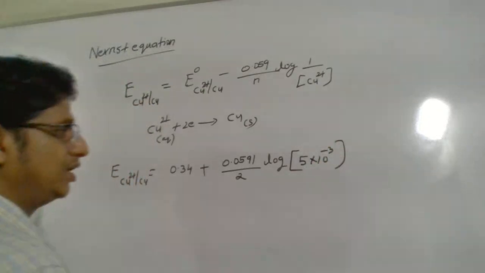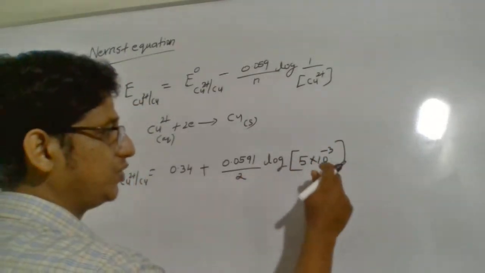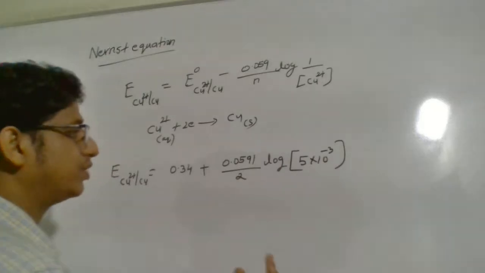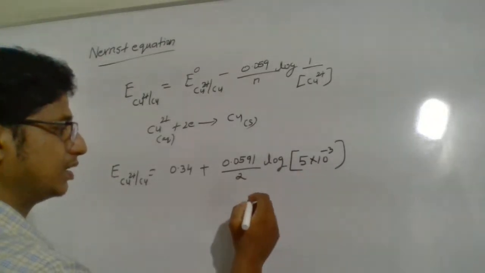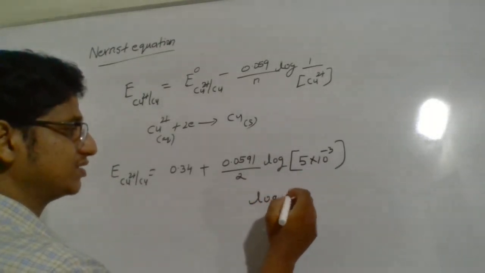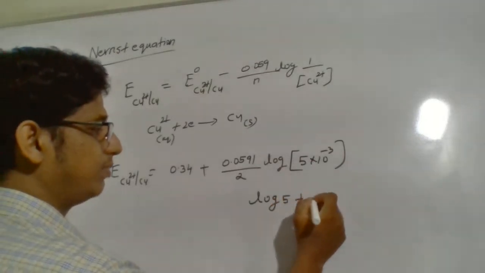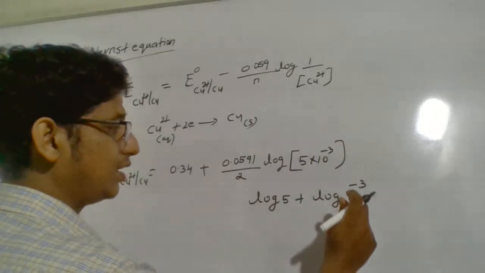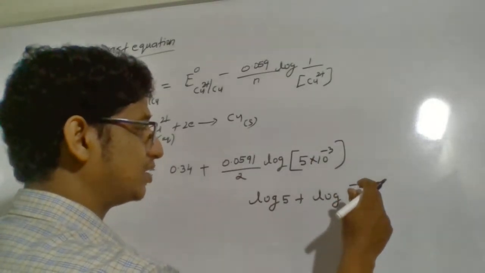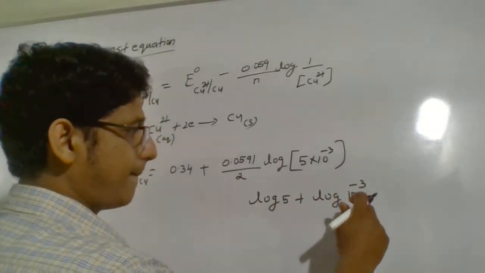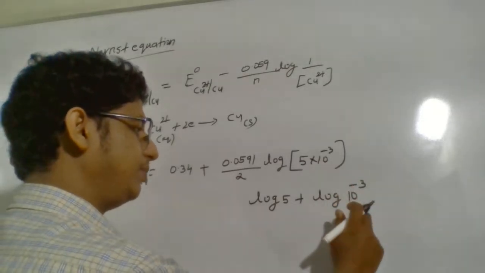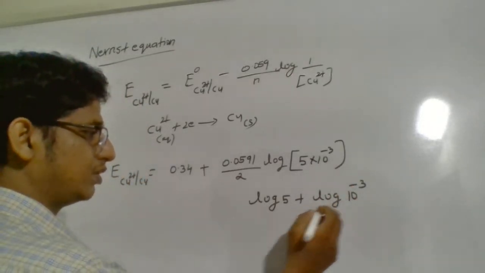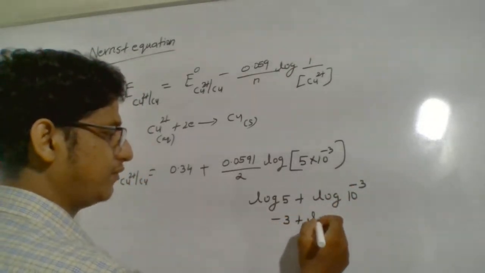We know this is the form of log A into B. Log A into B is nothing but log A plus log B. Here log 10 raised to minus 3 is equal to minus 3 log 10. Log 10 is equal to 1, so this will be equal to minus 3. So you will get minus 3 plus log 5.